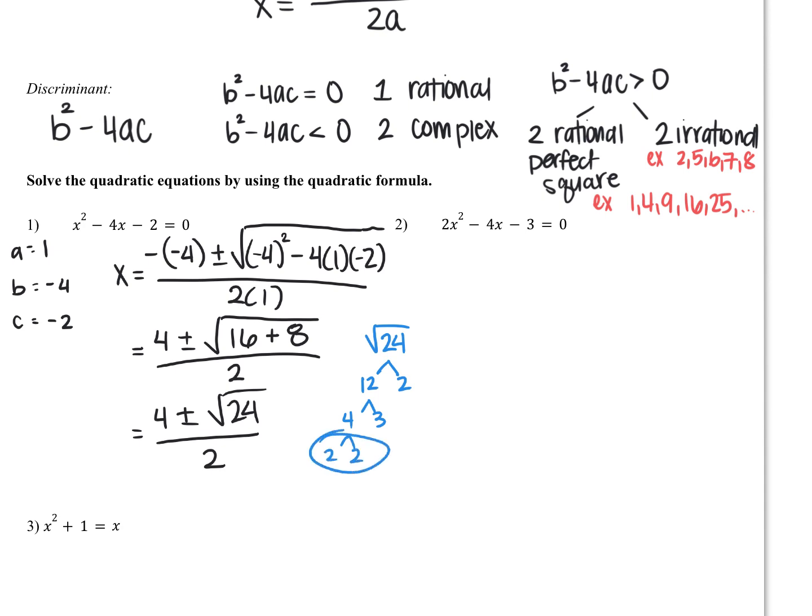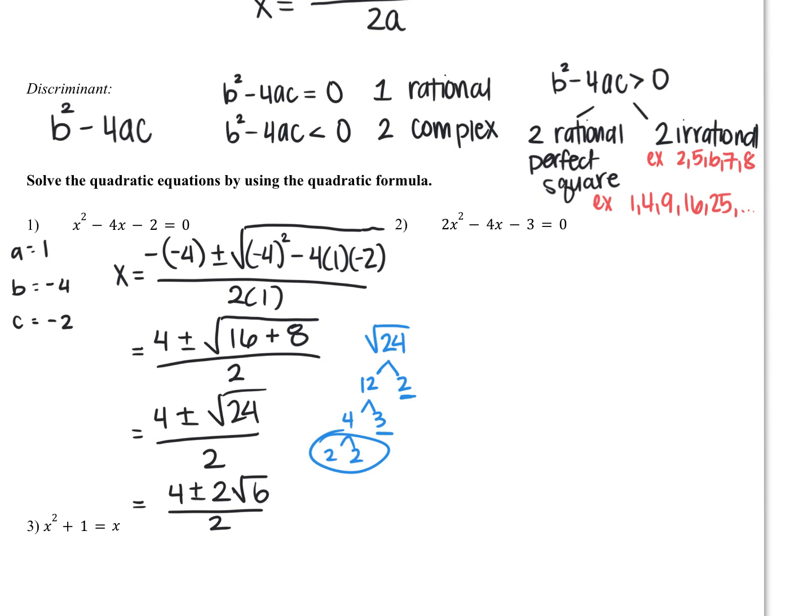So I have a pair of 2's that I can bring outside my square root. So I get 4 plus or minus 2 square root, and then the 3 and the 2 multiply back together to get square root 6, all over 2.